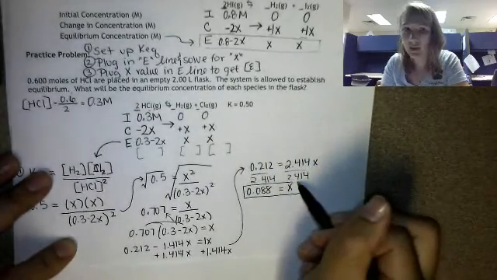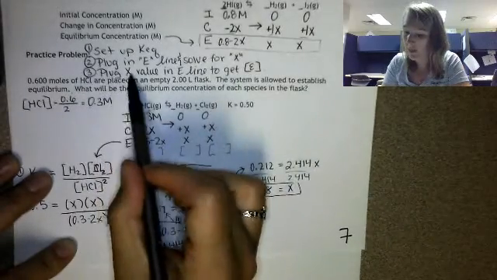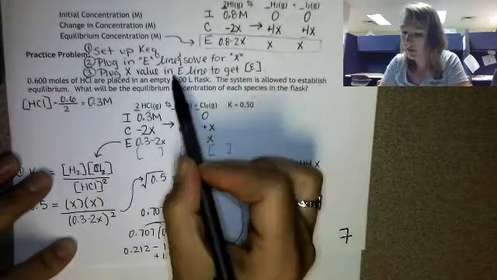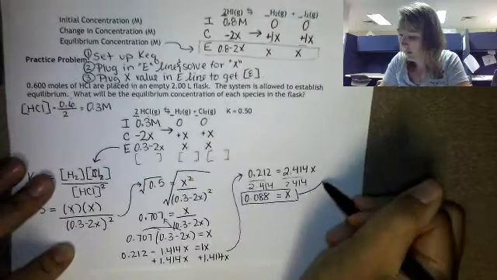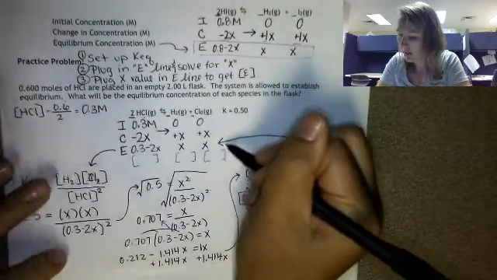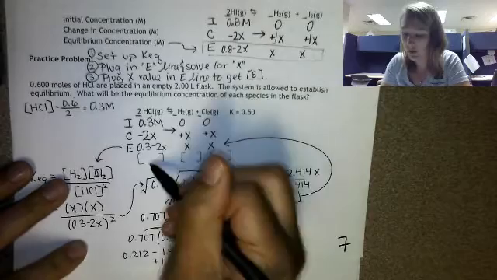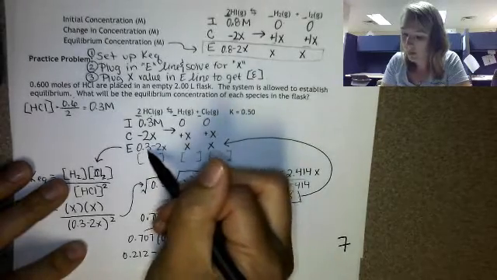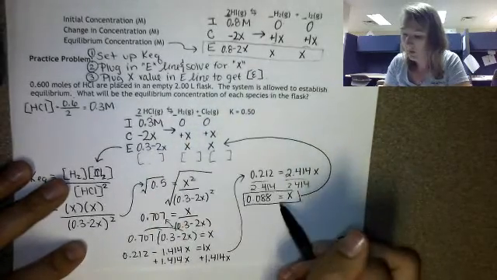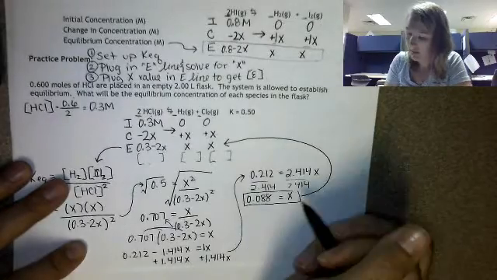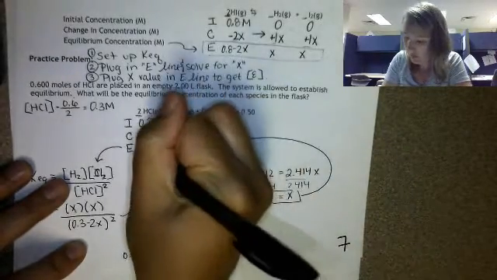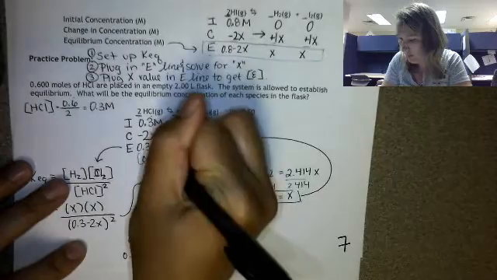Okay. Now, step 3. I plug my x value that I found into my equilibrium line. So this gets plugged into here, so that way I can get my concentration. So 0.3 minus 2 times my x is going to be 0.28 molar.